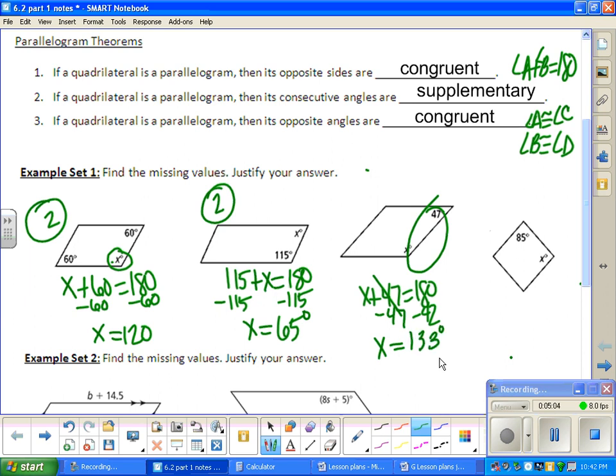And then here, again, I'm still talking about angles. They're not opposite, they're consecutive. So 85 plus x equals 180. Subtract 85, and x equals 95.